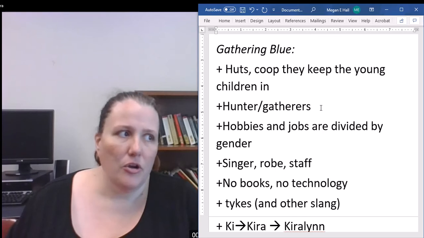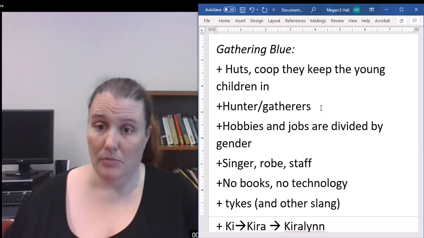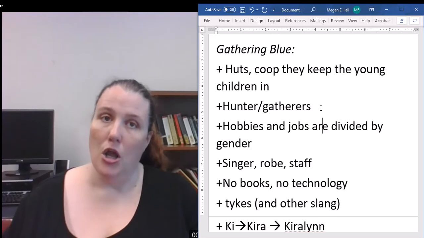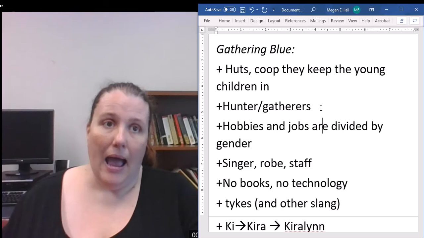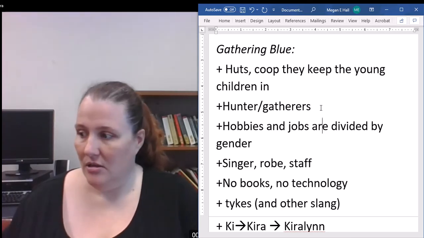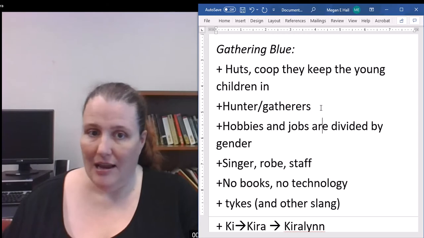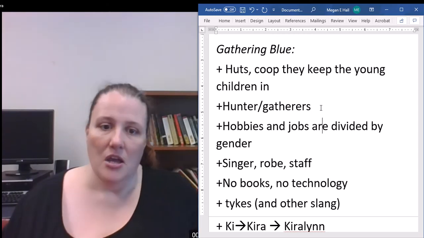At one point, Kira goes into a building that has running water, and she's never seen this before. And this is the only building in their village that has this, where the government is kind of housed and where she ends up living. And so she has the benefit of taking a bath for the first time in her life, right? It's those tiny details.